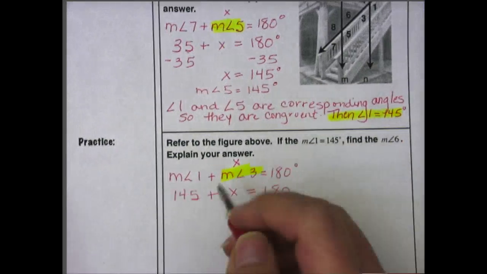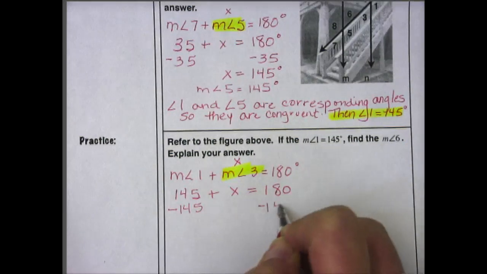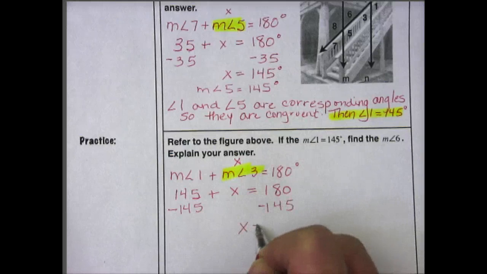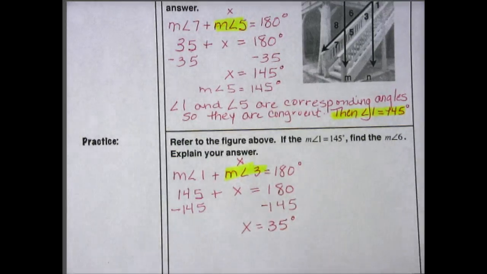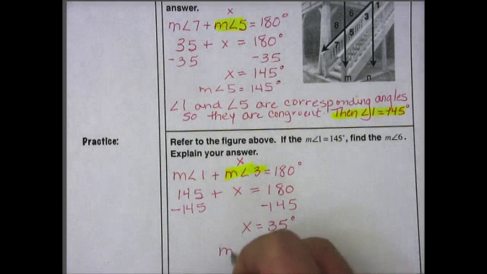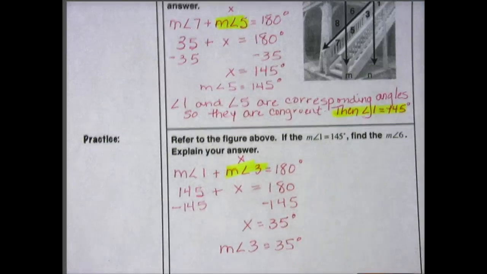And then let's solve for x. So we're going to subtract 145 from both sides. And we get x equals 35 degrees. So now we know that the measure of angle 3 equals 35 degrees.